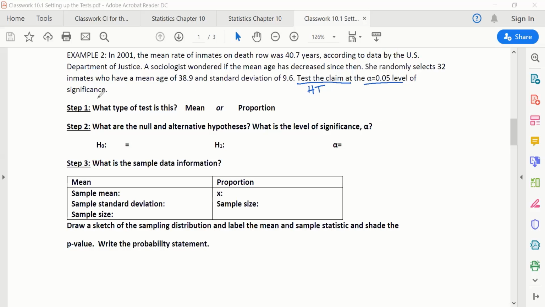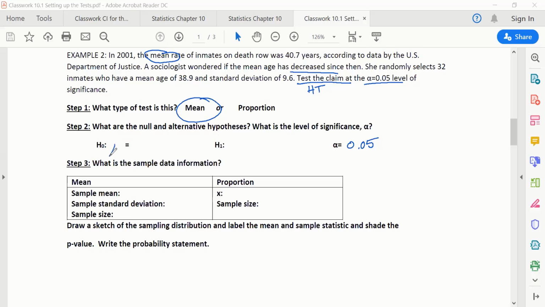But the question is, is this a mean or a proportion? We have the word mean. We don't have any percents in the problem, so it's a mean question. Our alpha is 0.05. And the question is, what are the null and alternative hypotheses? So she wonders if the mean age has decreased since they recorded 40.7 years.